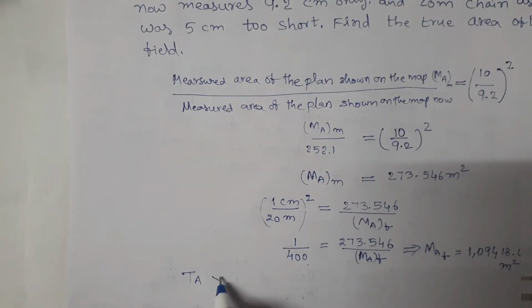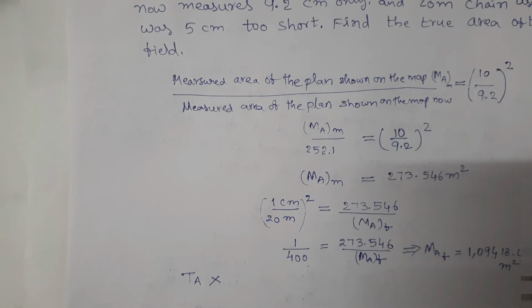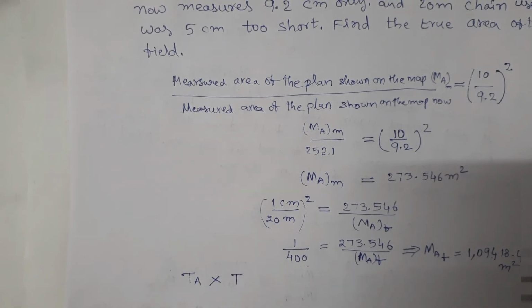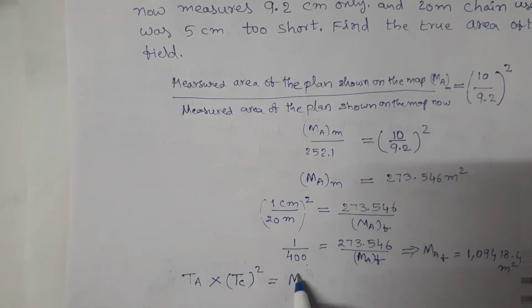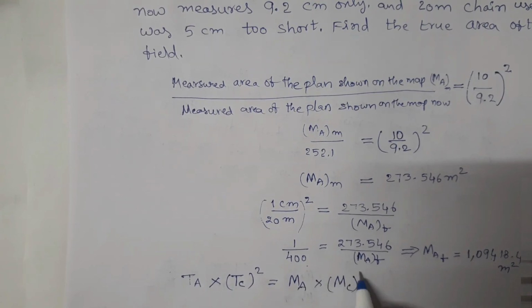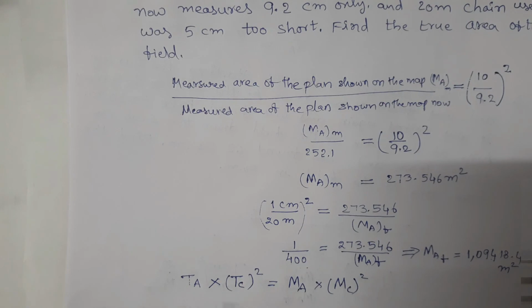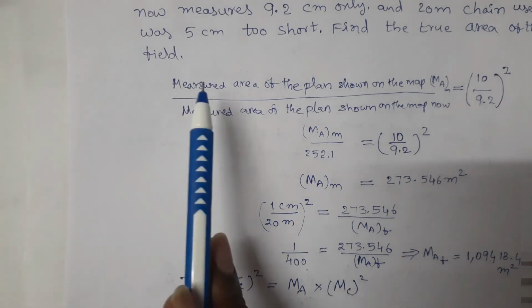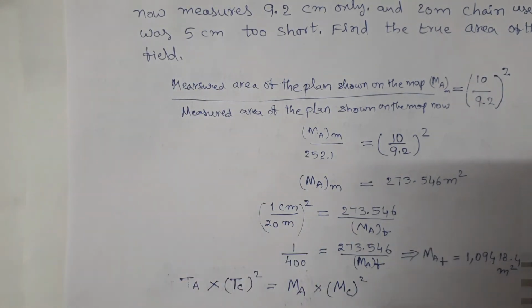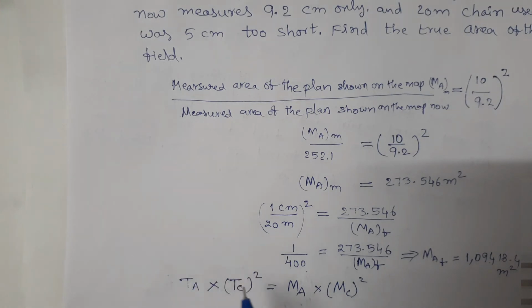Now calculate true area of the field. True area of the field into true length of chain whole square is equal to measured area of the field into measured length of chain whole square. True length of chain is 20 meters, but it is 5 centimeter too short, so we have to subtract 5 centimeter from 20 meters.